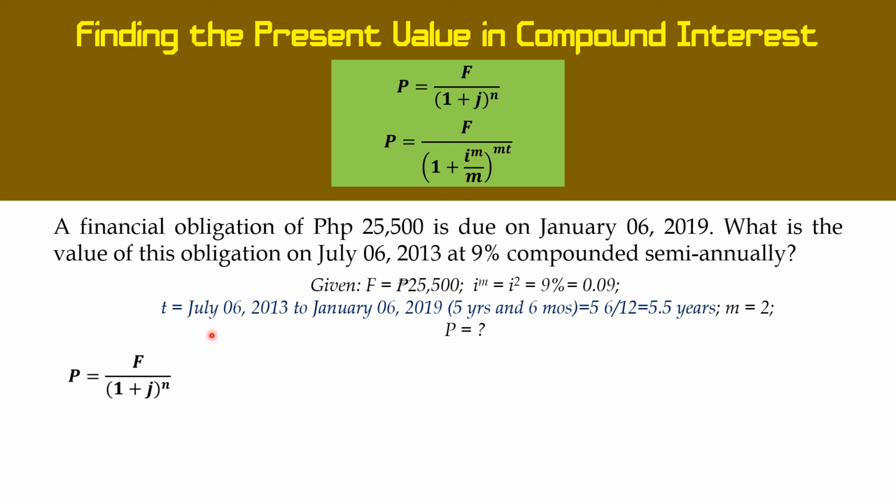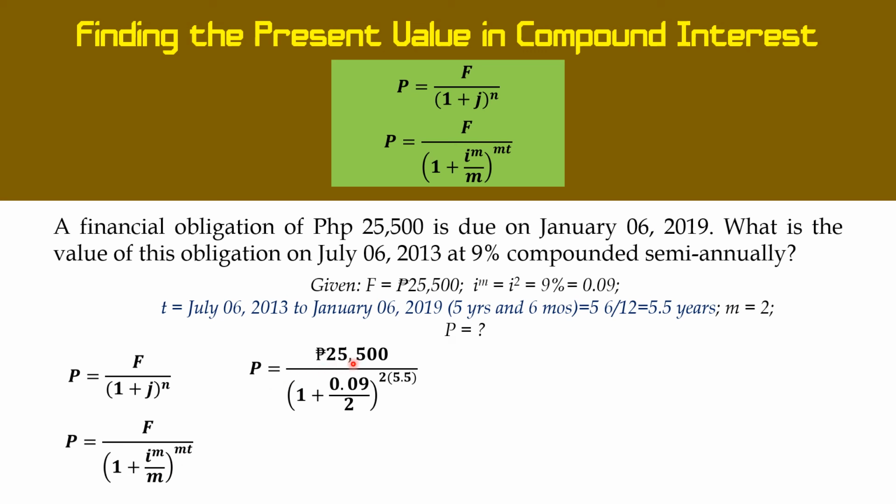Using the formula, ayan, plug in lang natin ang value. So, 25,500 pesos all over 1 plus 0.09 over 2 raised to 2 times 5.5. Ito, divide lang natin to, naka-fraction na to, this fraction, and then multiply natin tong nasa exponent. So this is 25,500 all over 1 plus 0.045. Add natin yung dalawa. Ayan. Then 1.045 raised to 11.